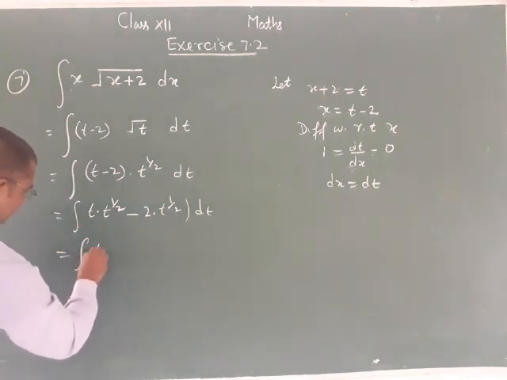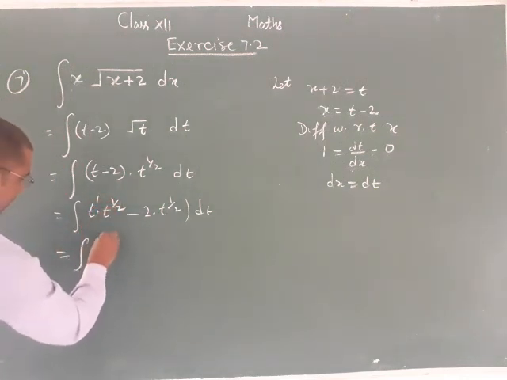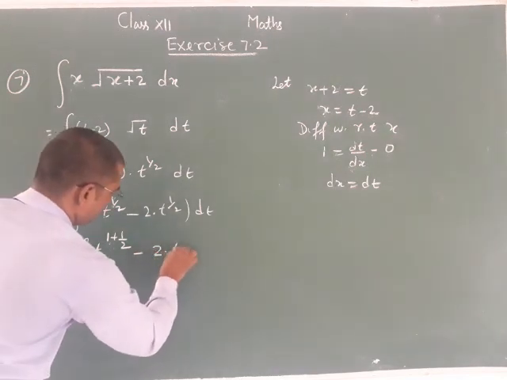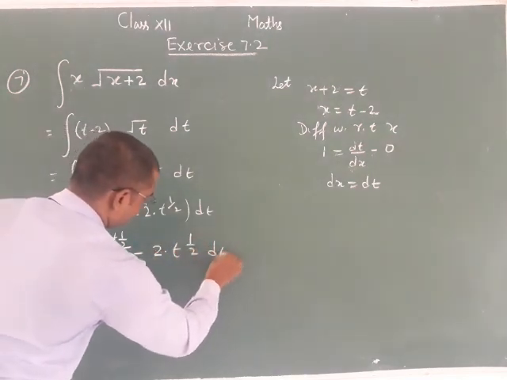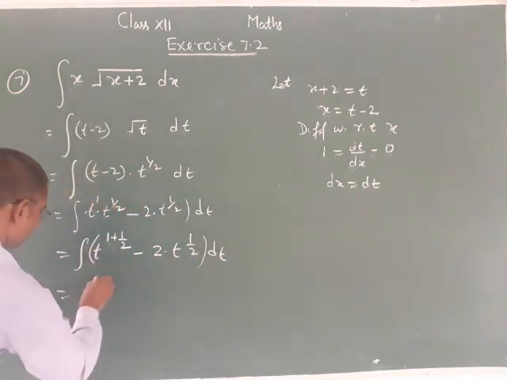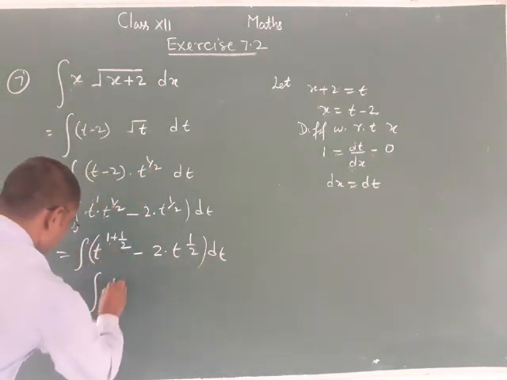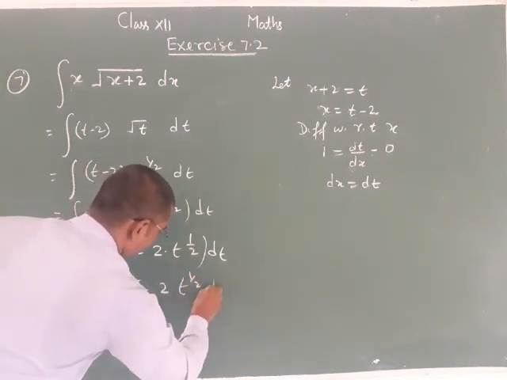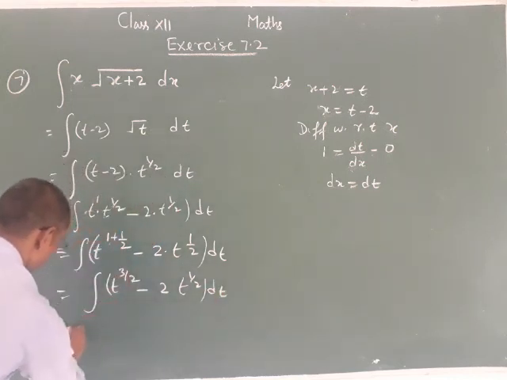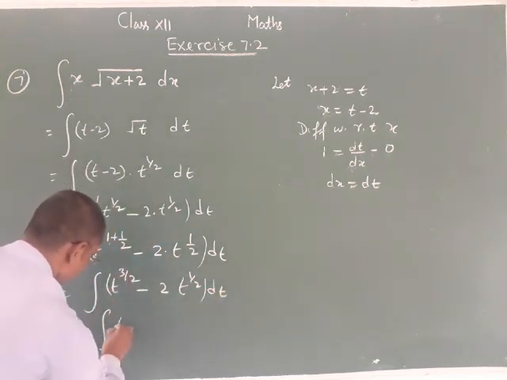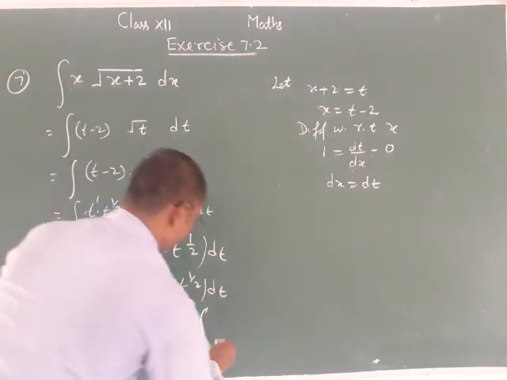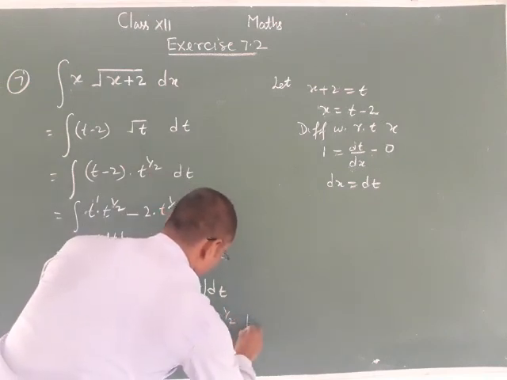Since the base is the same, the powers should be added: t to the power 3 by 2 minus 2 t to the power 1 by 2 dt. So we can write the integral of t to the power 3 by 2 dt minus 2 times the integral of t to the power 1 by 2 dt.